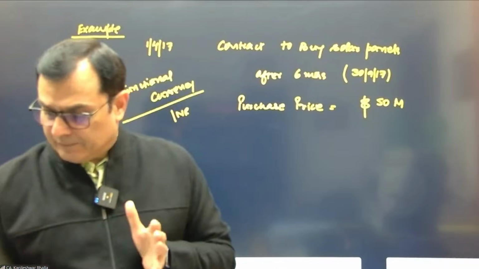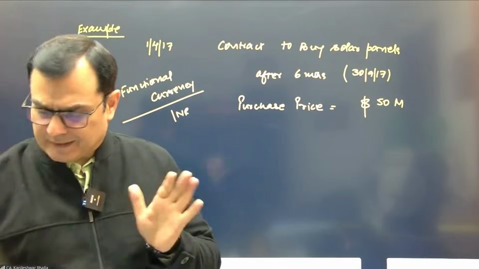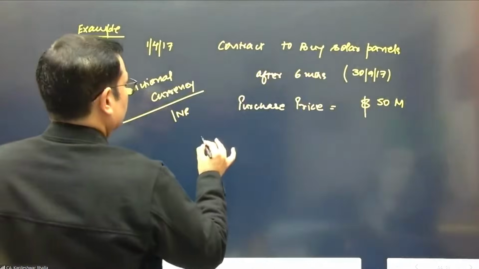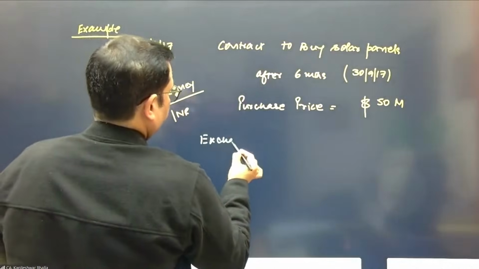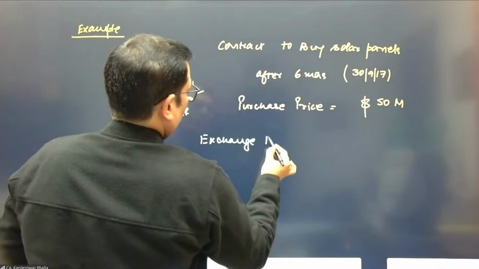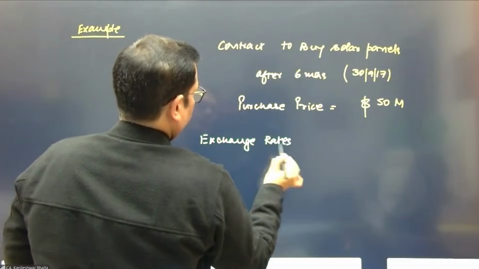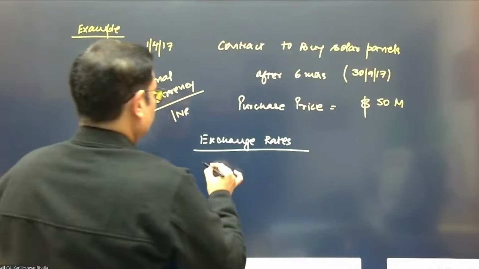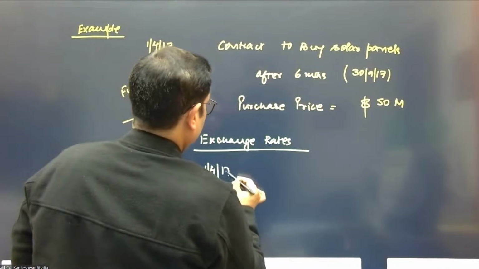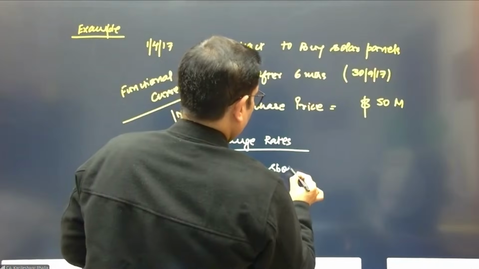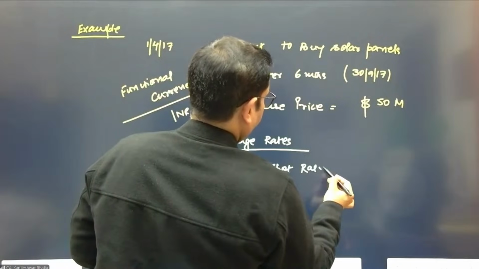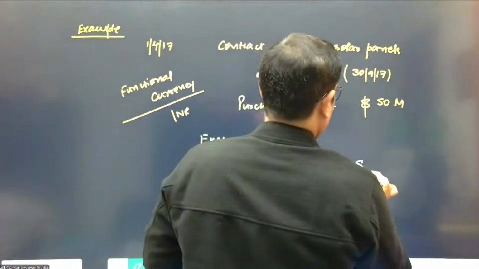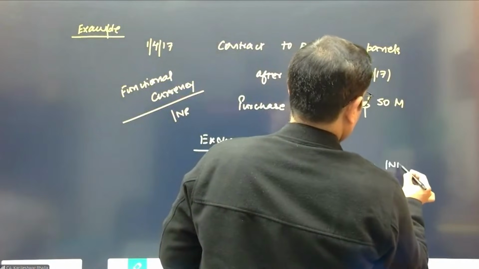Okay, and then I am also given the exchange rates. Let's say the conditions all are met, and we're also given the exchange rates. Number one, let's say I'm given the exchange rate on 1st April 17. That is what you can call a spot rate. And let's say the spot rate is $1 at the rate of 60 rupees.